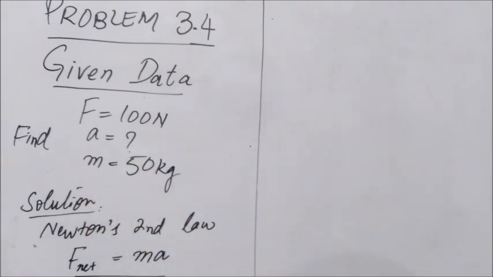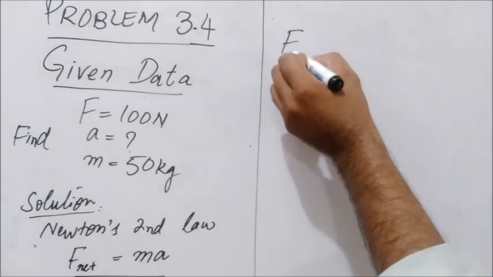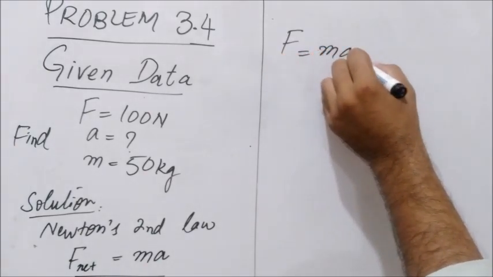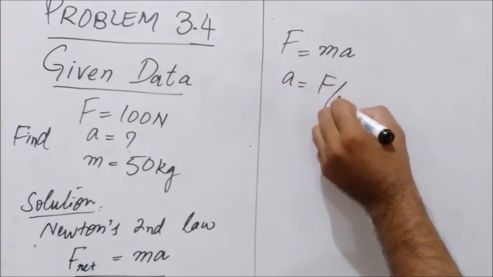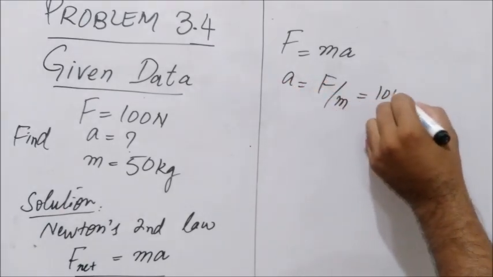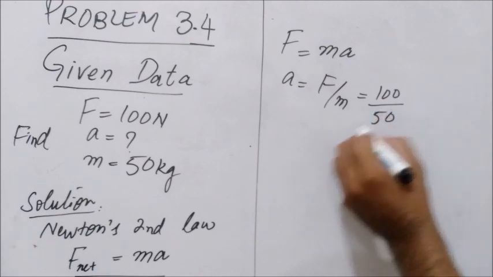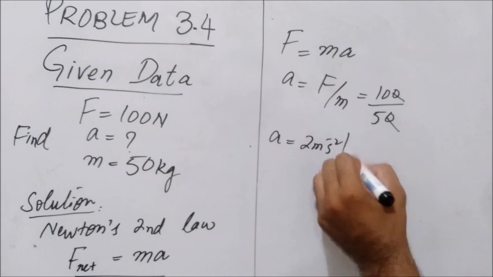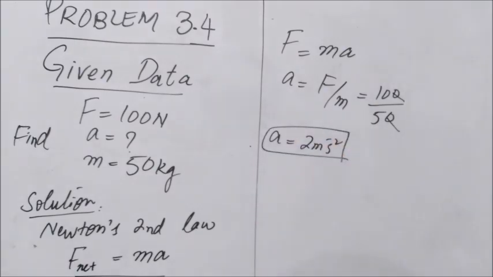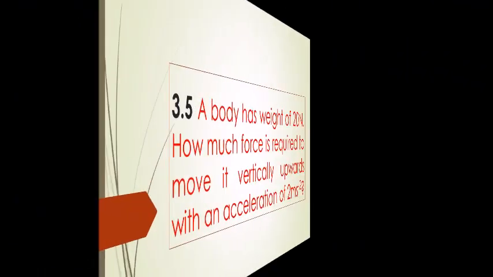Simply using Newton's second law, F is equal to ma. So a will become equal to F divided by m. So F is 100 while mass is 50. So it will become 2 meter per second square. So this is the required answer.